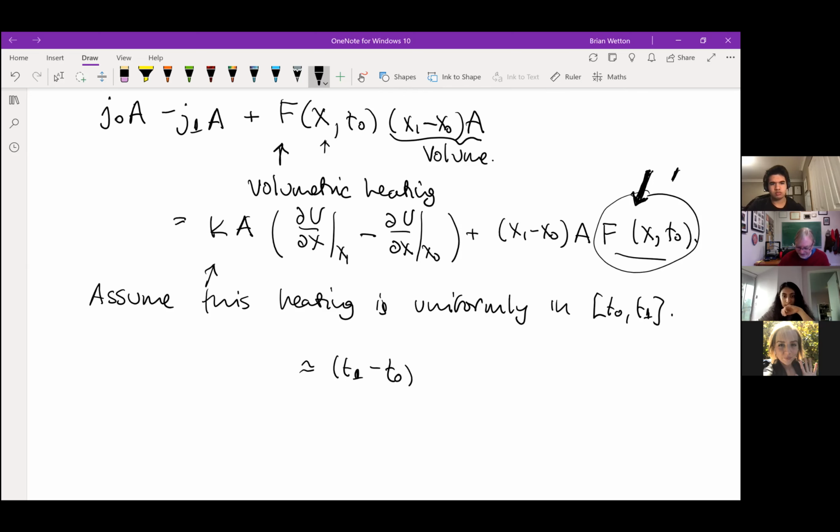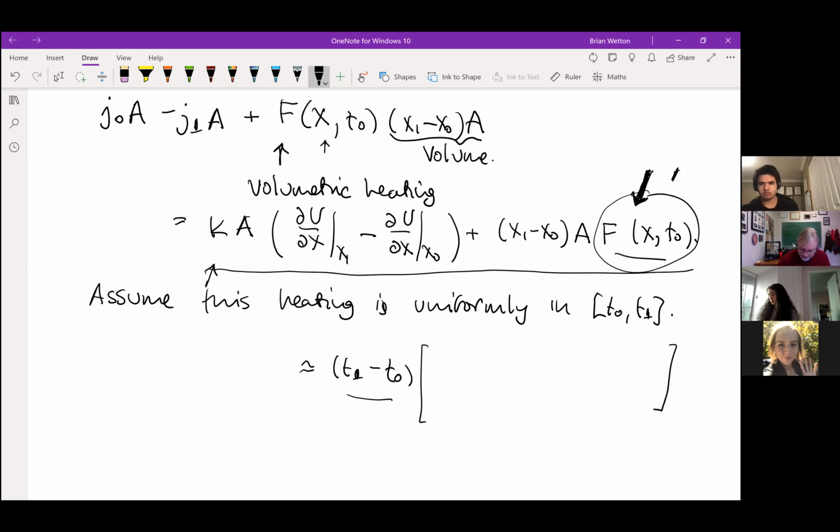Okay, so now let's add up how much heat is coming in. Well, this is the amount of heat that is coming into that little piece of the rod per unit time. So for the total amount of heat I have to multiply by the time that's active. So that's all of this. Okay, I don't want to write that all out again. Let's find the rainbow. Where's the rainbow? There it is.